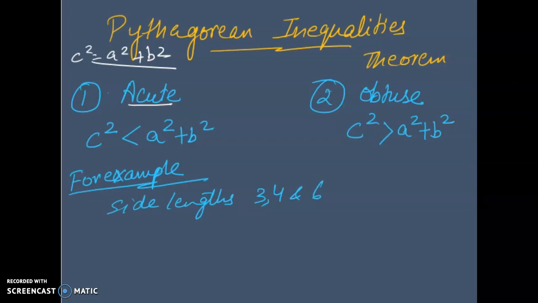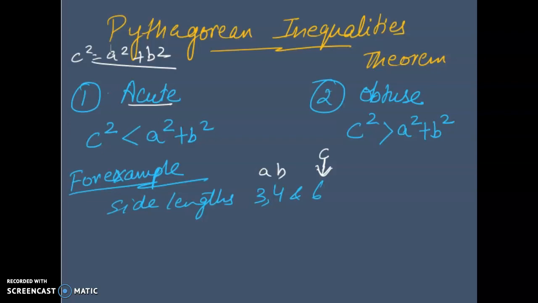So again, one more thing. C is nothing but the hypotenuse, right? So I will consider the maximum value as C, and I can interchange A and B with either of them.